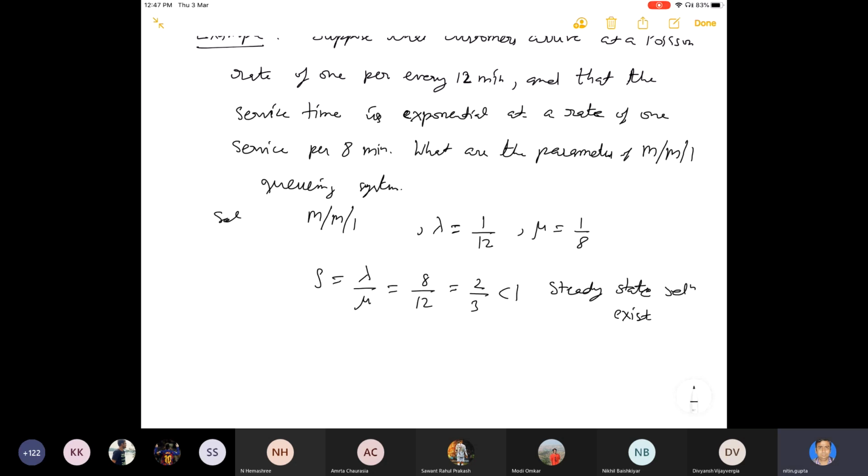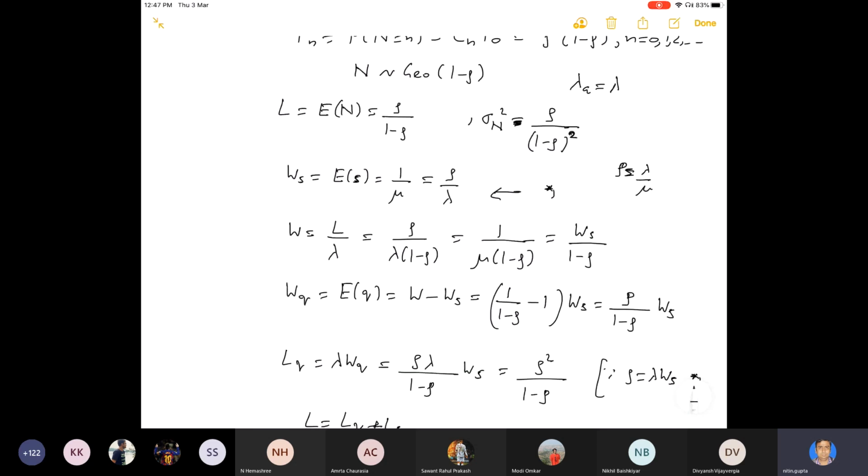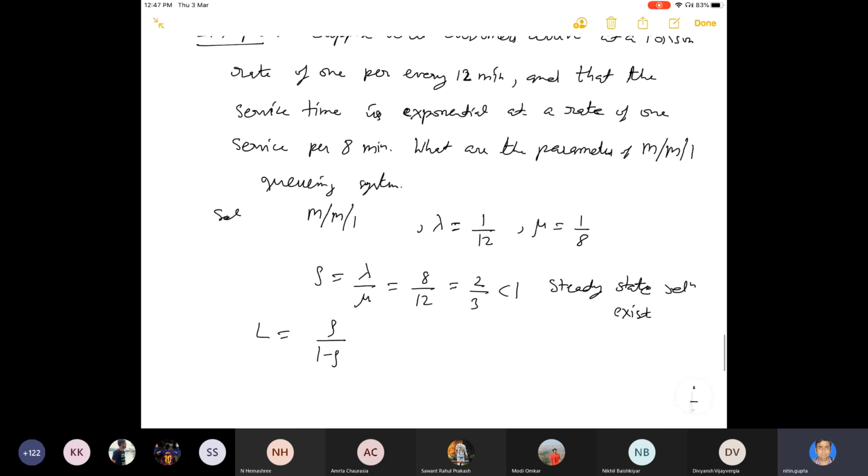Okay. Now, what is L? L is rho upon 1 minus rho. This we have already determined. L, the average number of customers in the queuing system, is rho upon 1 minus rho.